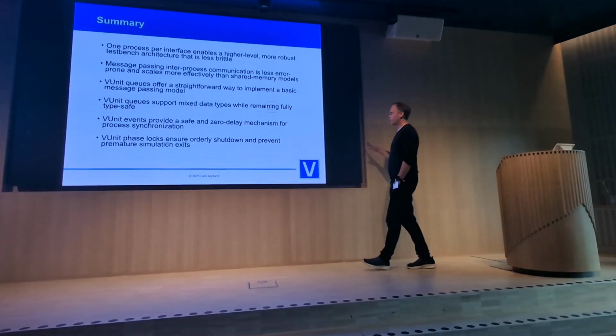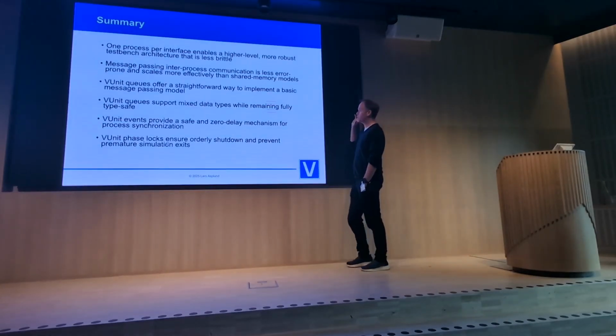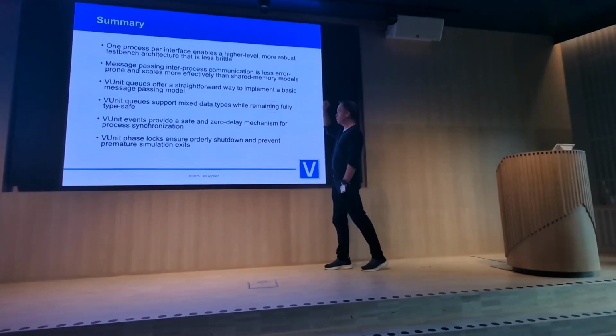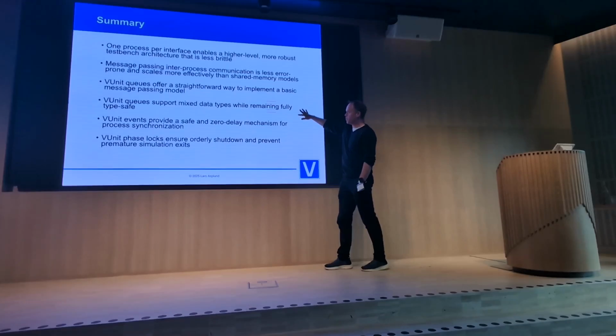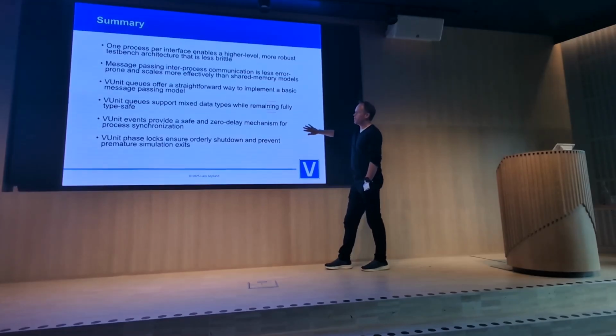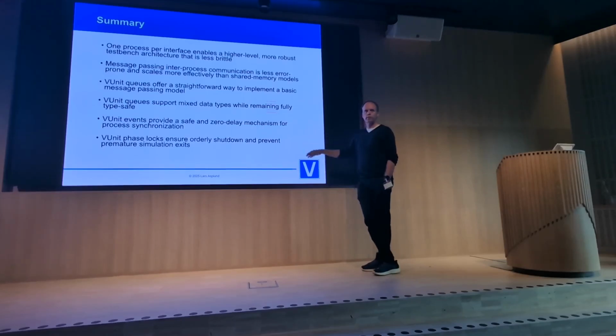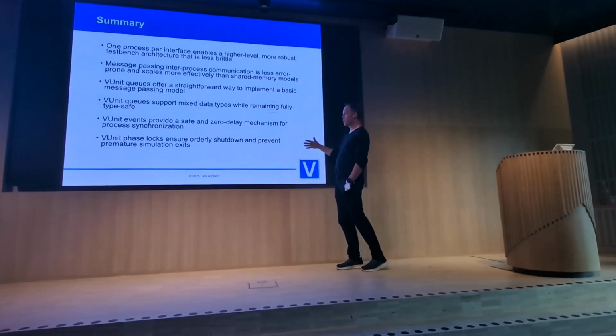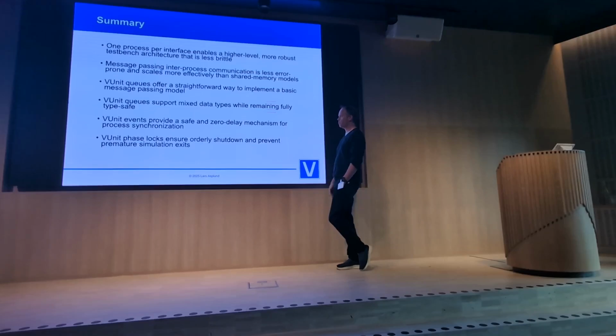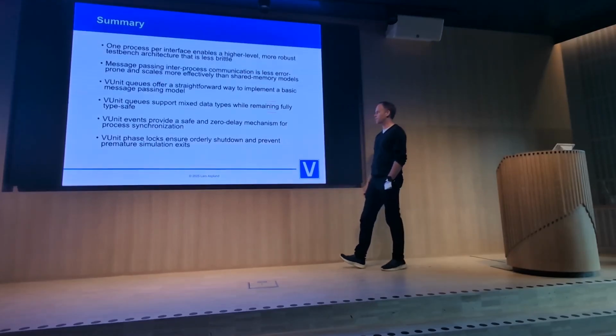We can implement basic message passing with queues. Specific to VUnit queues, we can mix data, still being type safe. We talked about events as a way to have zero communication delay with synchronization, and they can also be used for things like having wait statements tell you that I'm stuck waiting for something when we have a watchdog timeout. And we also discussed locks as a way to avoid the mistake of a premature termination of the test bench.